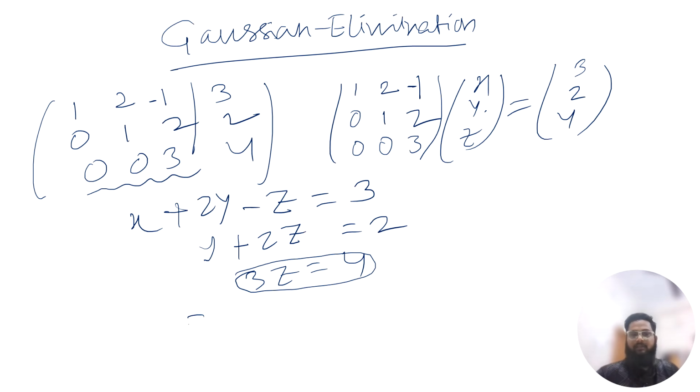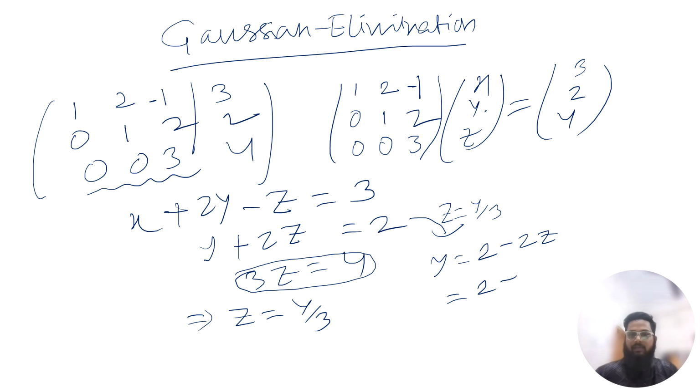So from here we can easily find the value of z is 4 by 3. Now just substitute z equal to 4 by 3 here. So you will get y equal to 2 minus 2z, that means 2 minus 2 into 4 by 3, which is 8 by 3. That means 6 minus 8, so minus 2 by 3. Now you substitute this y value also.